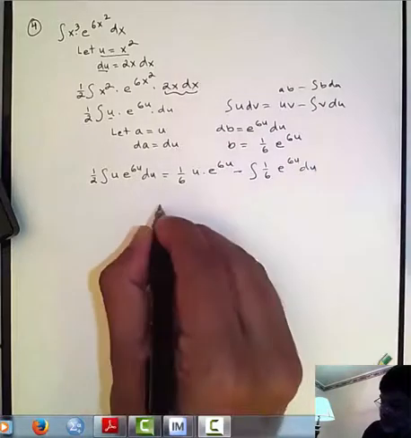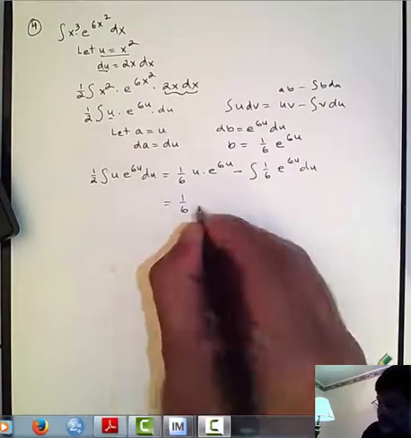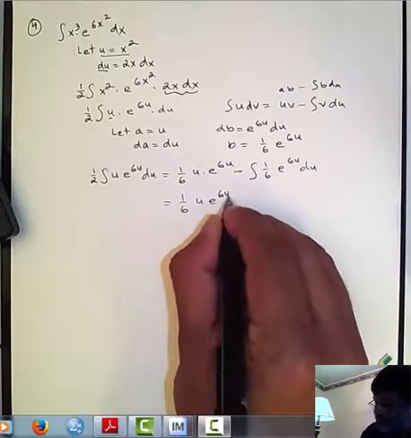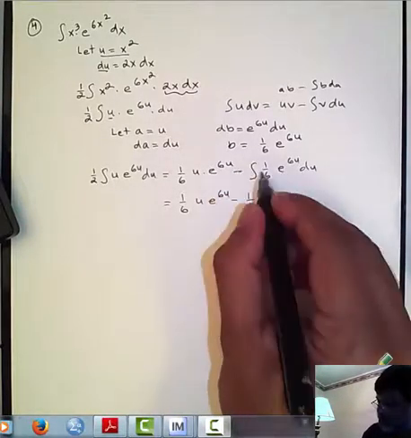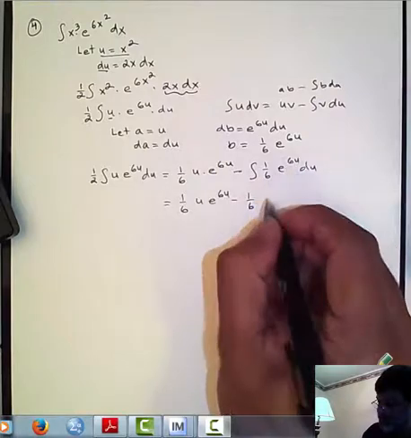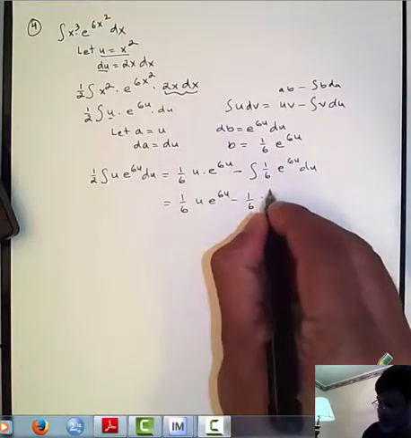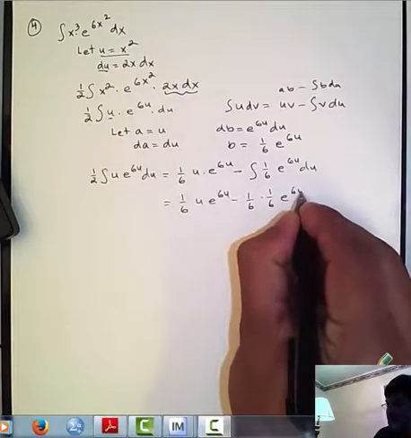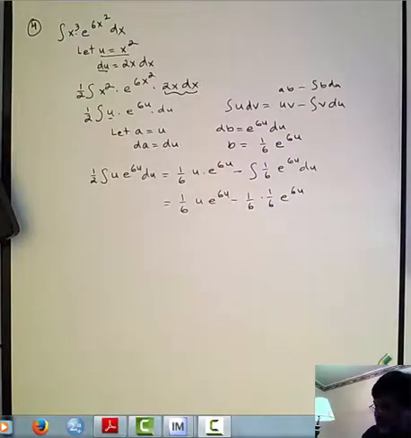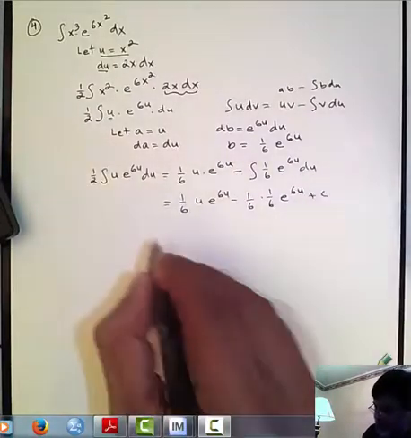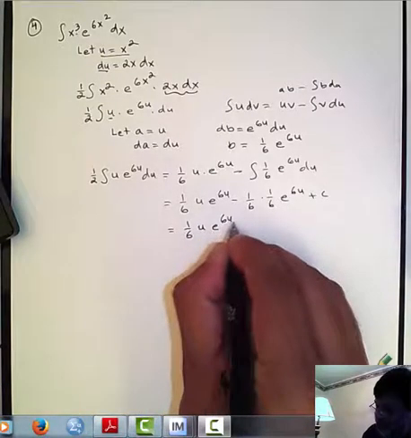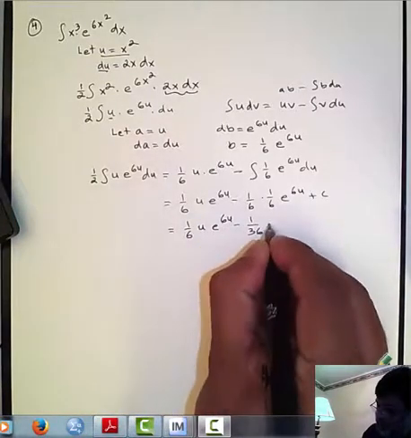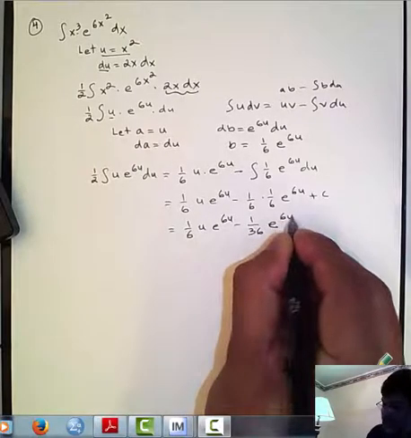So now the 1/6 constant goes outside. Integration of e to the 6u, we know it's going to be another 1/6 e to the 6u. So we're essentially done here. Now we're going to just plug in what we have. Okay.